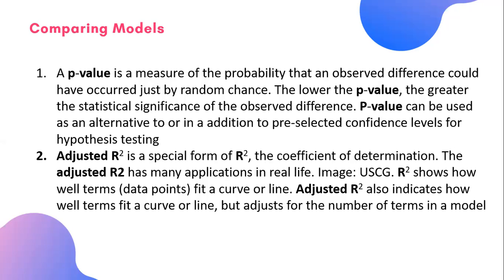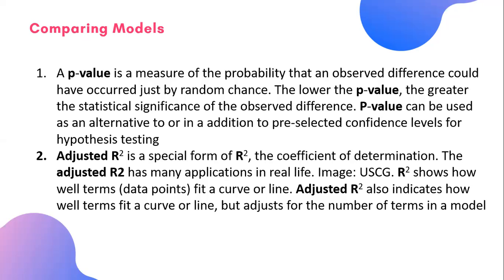So again, the whole idea is how well the terms fit the curve or line. How close is the actual data to the regression line? The closer it is, the higher the adjusted value, the better the model.